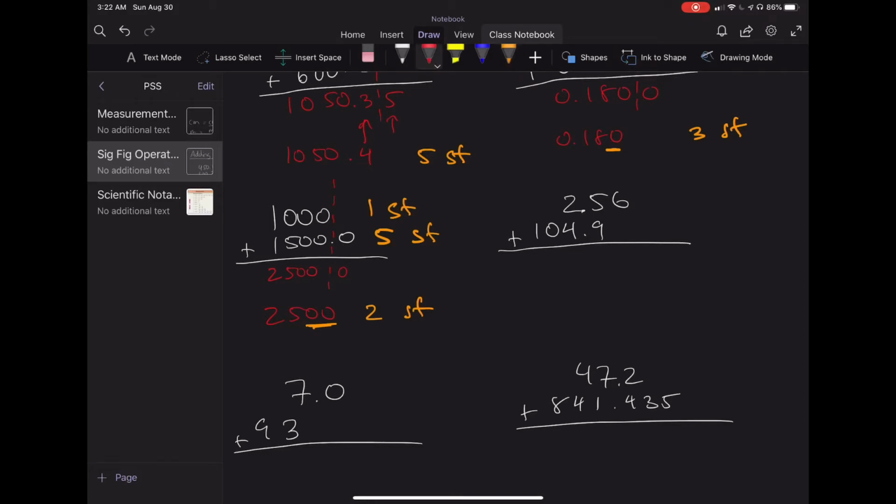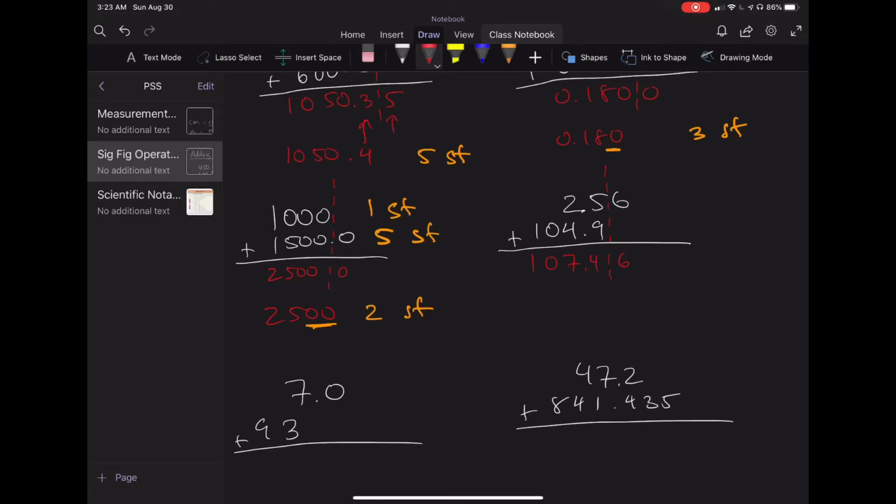Next example, 2.56 and 104.9. So here's where our dotted line will be. And again, with all of these examples, I'm setting it up where I'm lining up the decimal. So I highly recommend you do that with any problem you're doing. Next up, punching it into our calculator. So 2.56 plus 104.9, my calculator tells me 107.46.